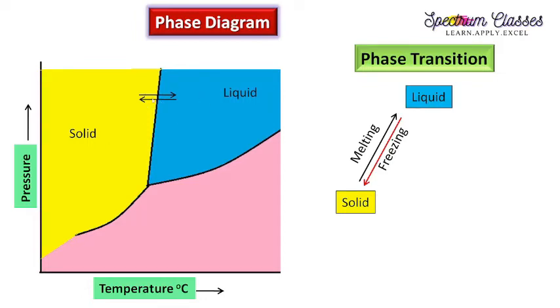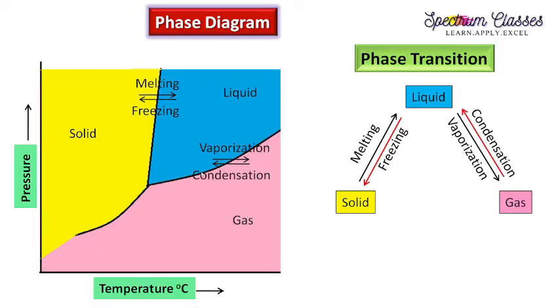Along this boundary line, these two are in equilibrium. This equilibrium is called melting if solid converts to liquid, and if liquid converts to solid, that is called freezing.